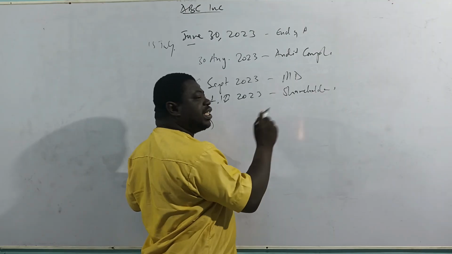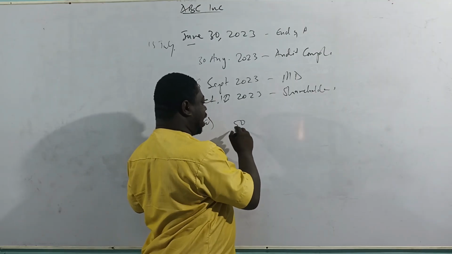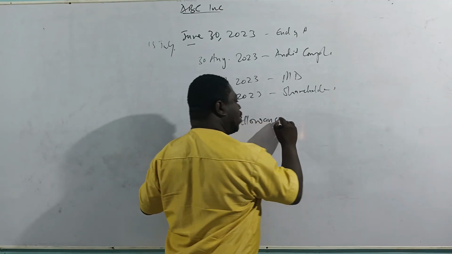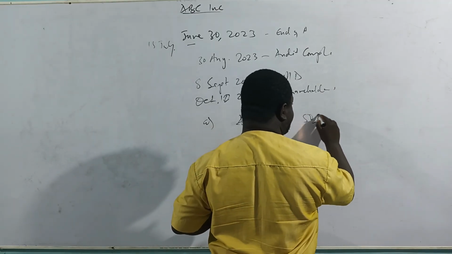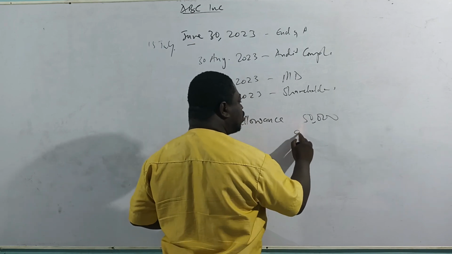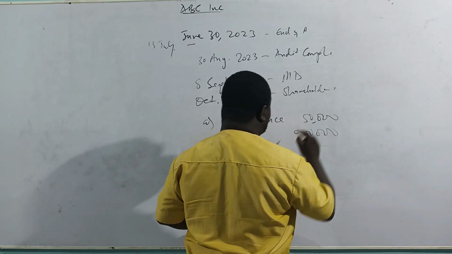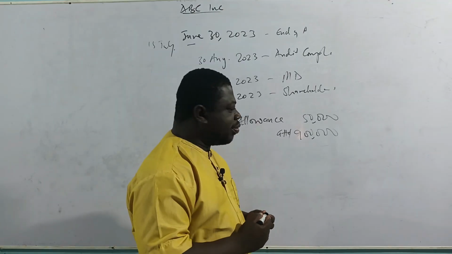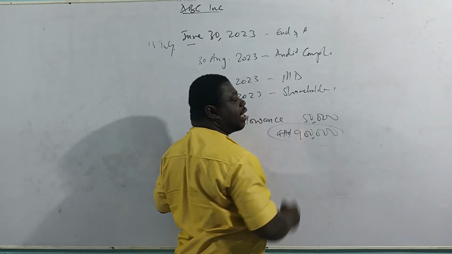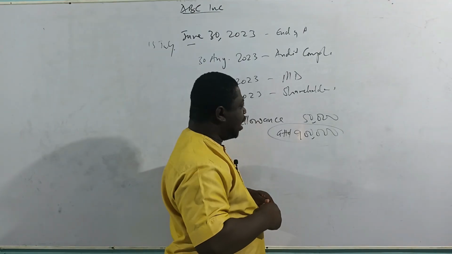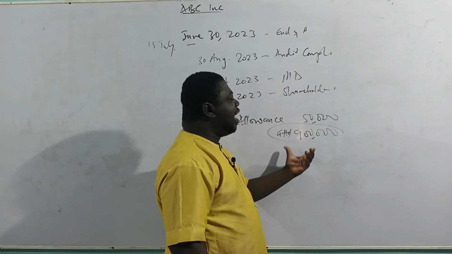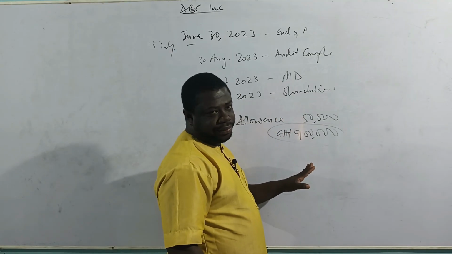So we increase the provision or allowance for receivables of 50,000 that we have made to 900,000 now, because the customer actually owes 900,000 and has filed for bankruptcy. So it means that the whole of the 900,000 cannot be recovered. Therefore, instead of the allowance of 50,000, we increase it to 900,000.